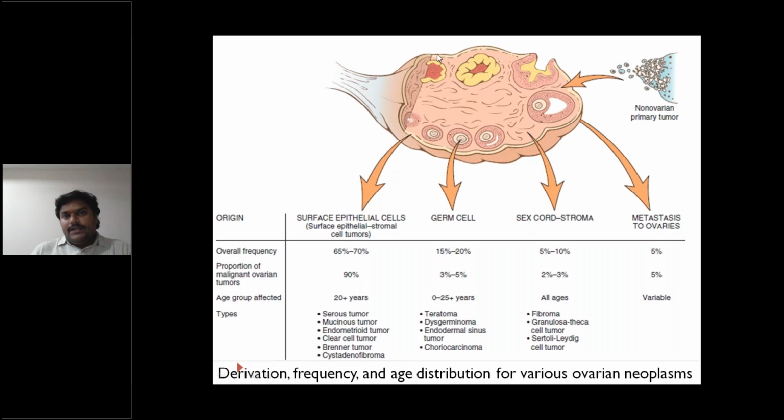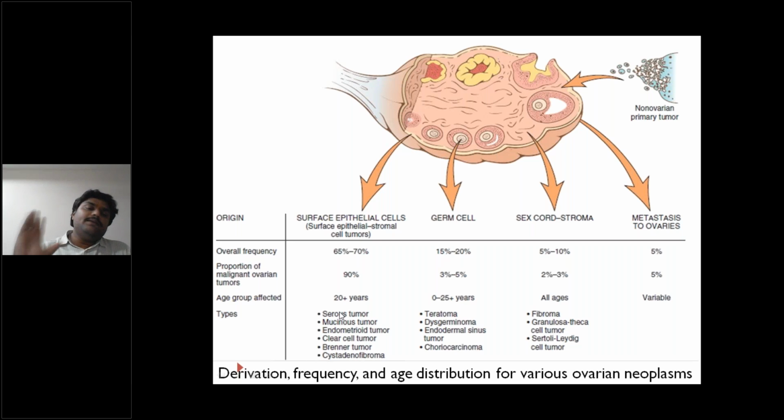So the ovary will have the surface epithelium. From the surface epithelium we get the tumors accounting for 65 to 70% of the tumors, and of course 90% of the malignant tumors arise from the surface epithelium, and they include serous tumors, mucinous tumors, endometrioid tumor, clear cell tumor, Brenner tumor, and cystadenofibroma.